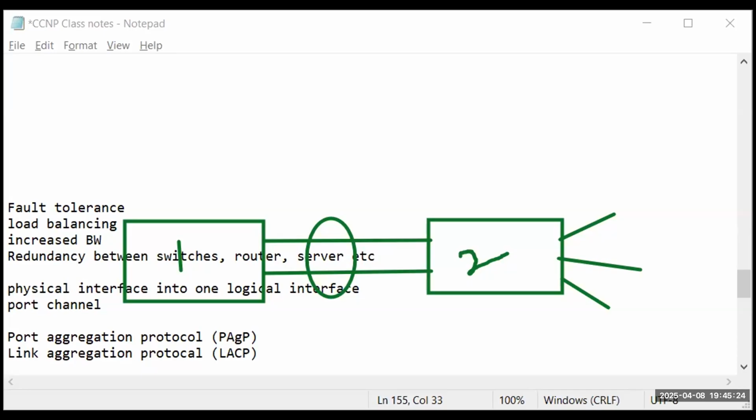The EtherChannel is then added to the spanning tree as a single port. So when spanning tree is configured in the network, it will see that port as a single port. We have aggregated 4 or 8 ports together, and still the spanning tree will see it as a single port.